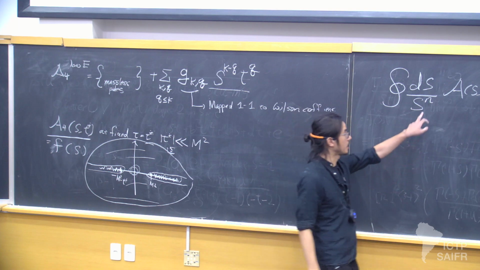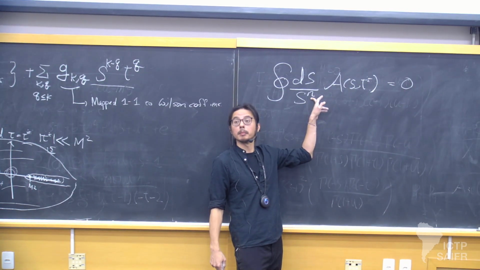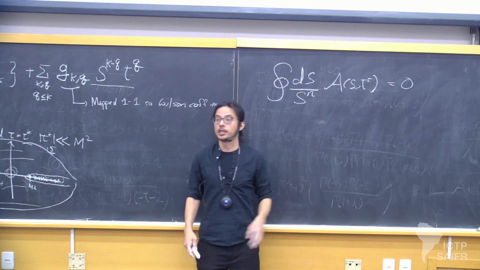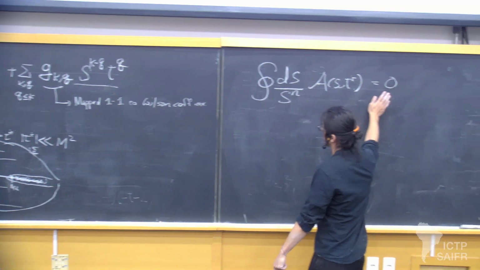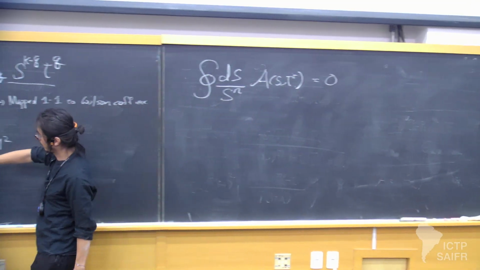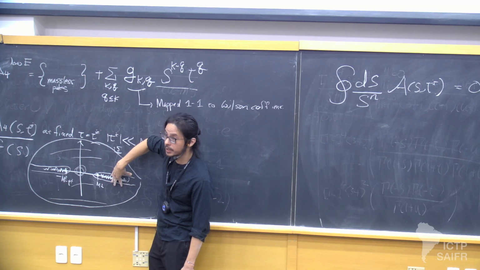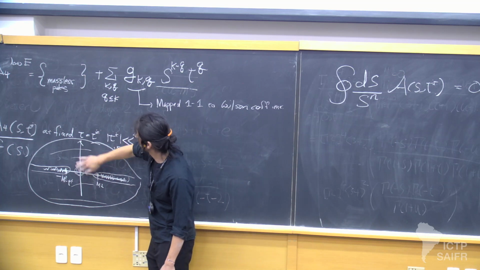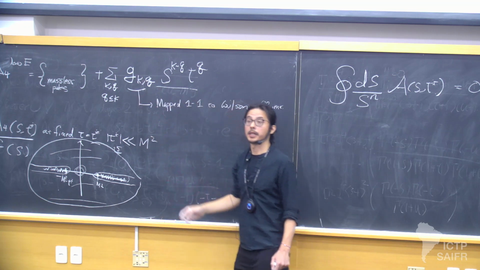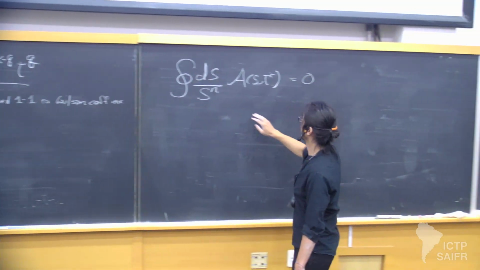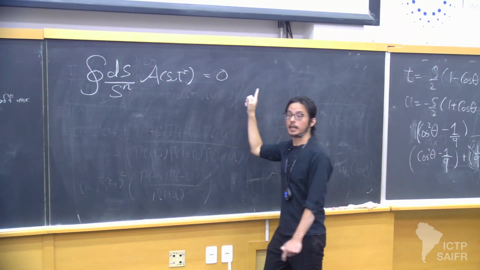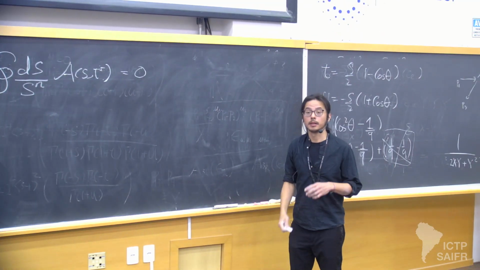Because you have this ds over s to the n, so there's going to be a pole coming from s equal to 0. So if this integral goes to 0, you have an immediate mathematical equation that relates the UV physics, the discontinuity, to your IR couplings, if you know what value of n allows this to be 0. Okay?